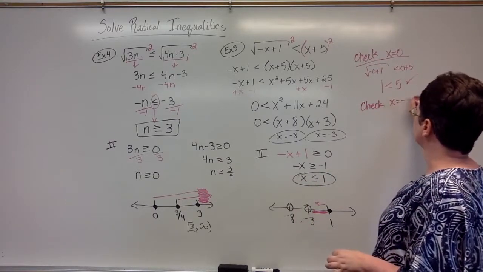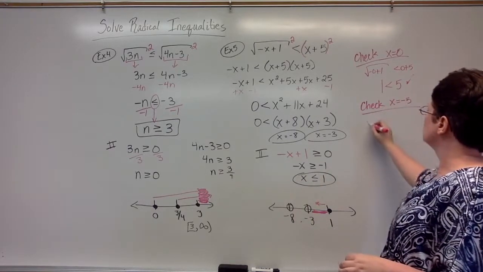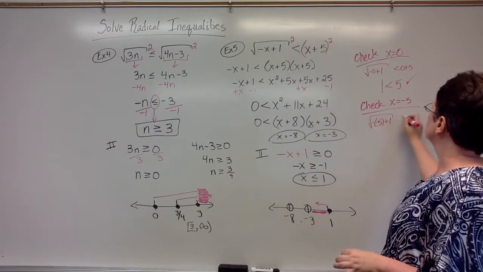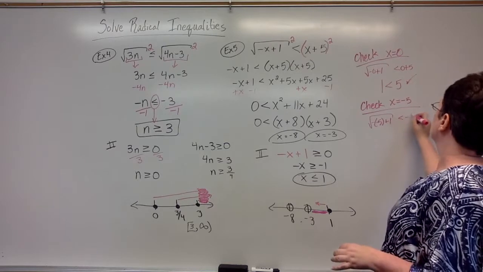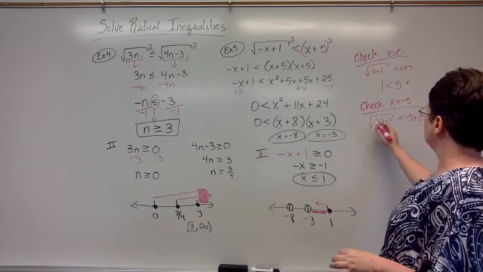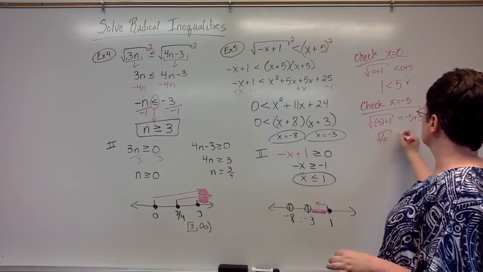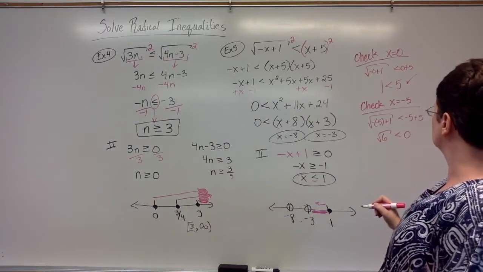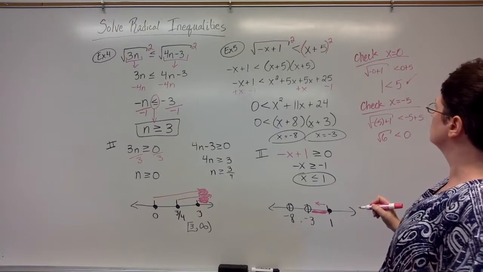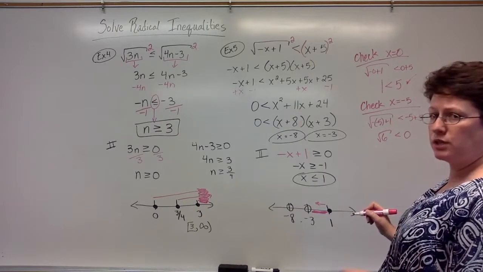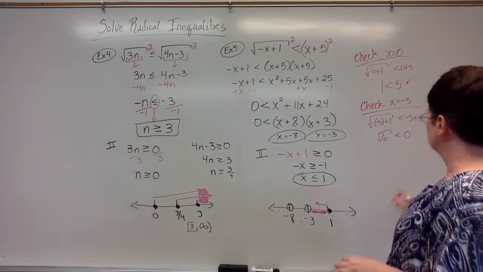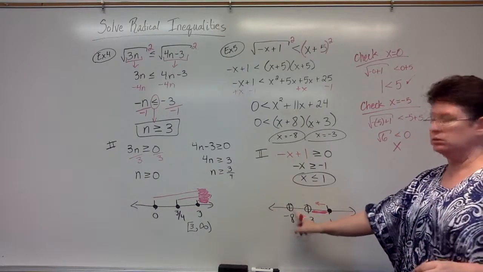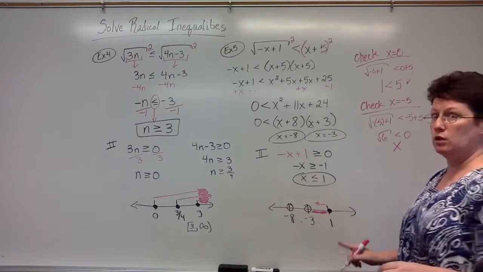I have the square root of negative of negative 5 plus 1, less than negative 5 plus 5. So this is the square root of 6 less than 0. Is the square root of 6 less than 0? No. So in between the negative 8 and the negative 3, do not shade.